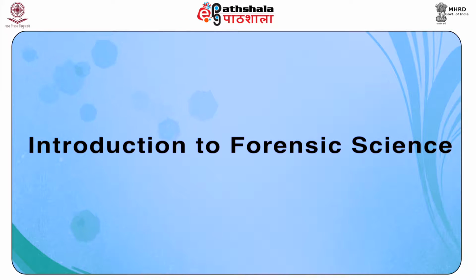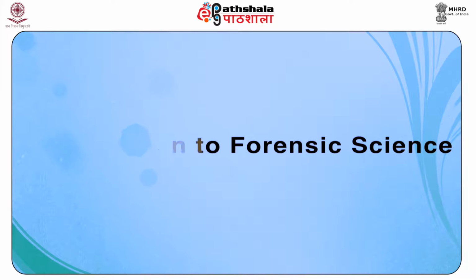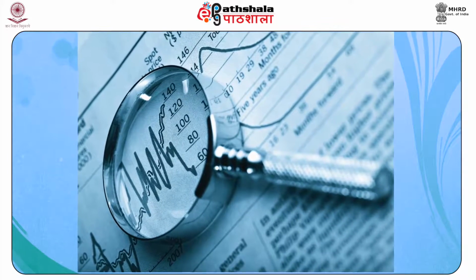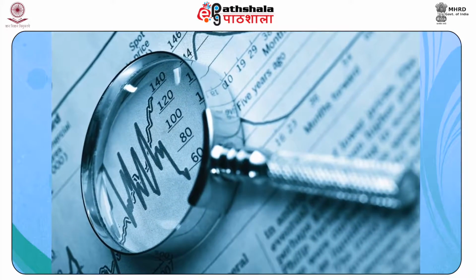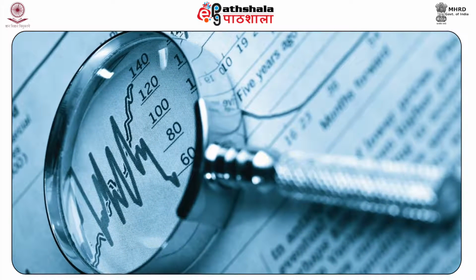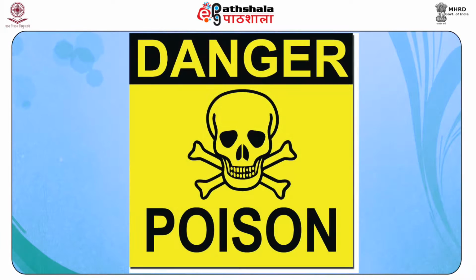Let us know the historical background of forensic science. The roots of forensic science can be traced back to ancient Greek and Roman civilizations, which brought great advances in the field of various disciplines of science, including the science associated with criminal investigation, poisoning being one of the earliest methods of killing a human being.